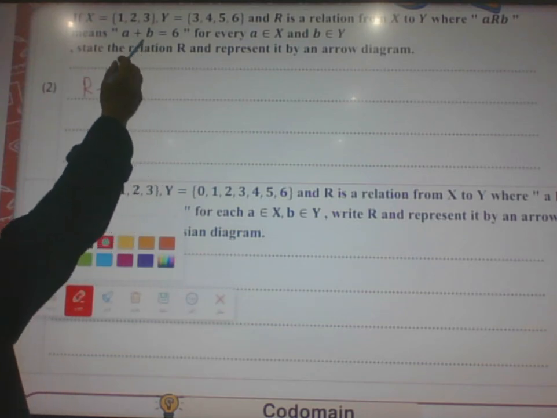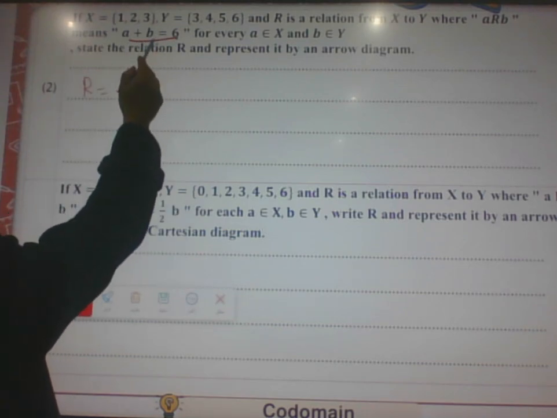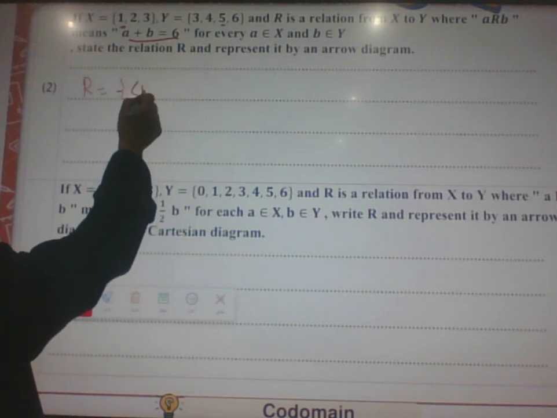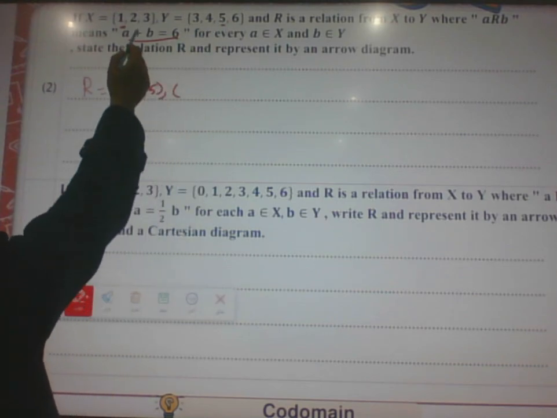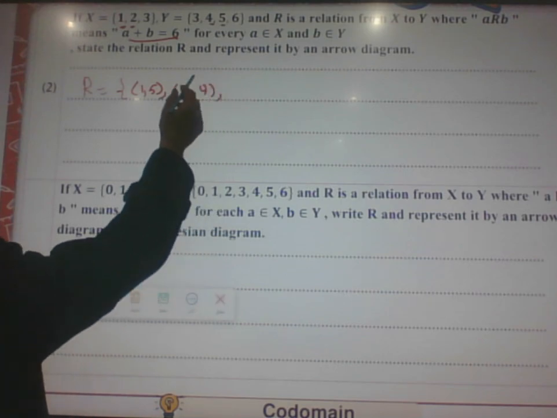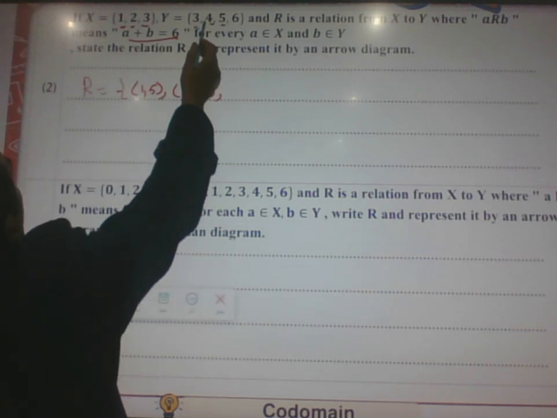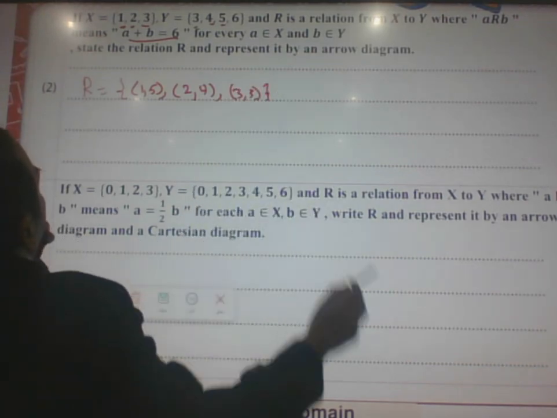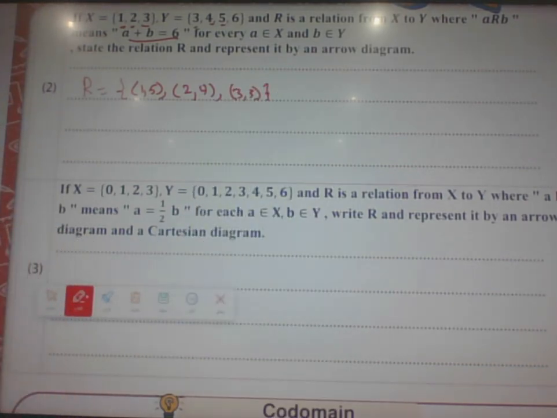The set of a plus b equals 6, like this. 1 plus what? 1 plus 5 equals 6, so (1, 5). And then 2 plus 4. And the third, 3 plus what? 3 plus 3. This is the ordered pairs of the relation between X and Y.